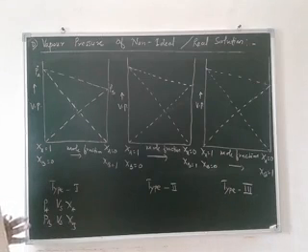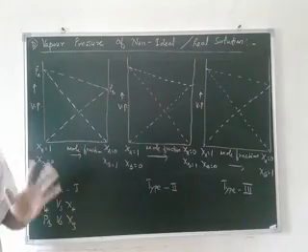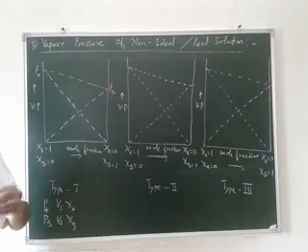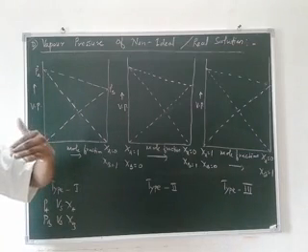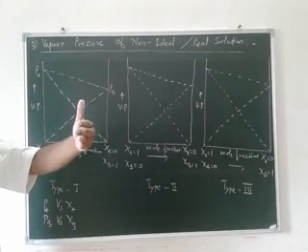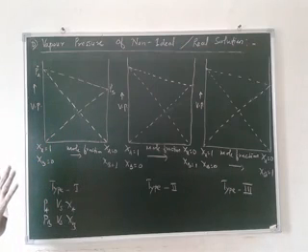The graphical representation for a non-ideal solution is not a straight line. It is a curve, and this curve may lie above the ideal line, or below the ideal line.